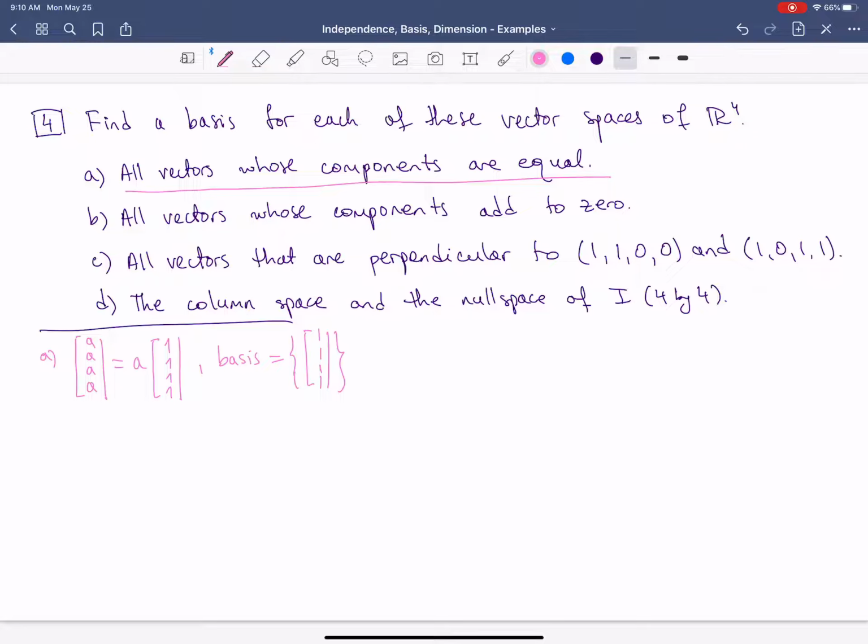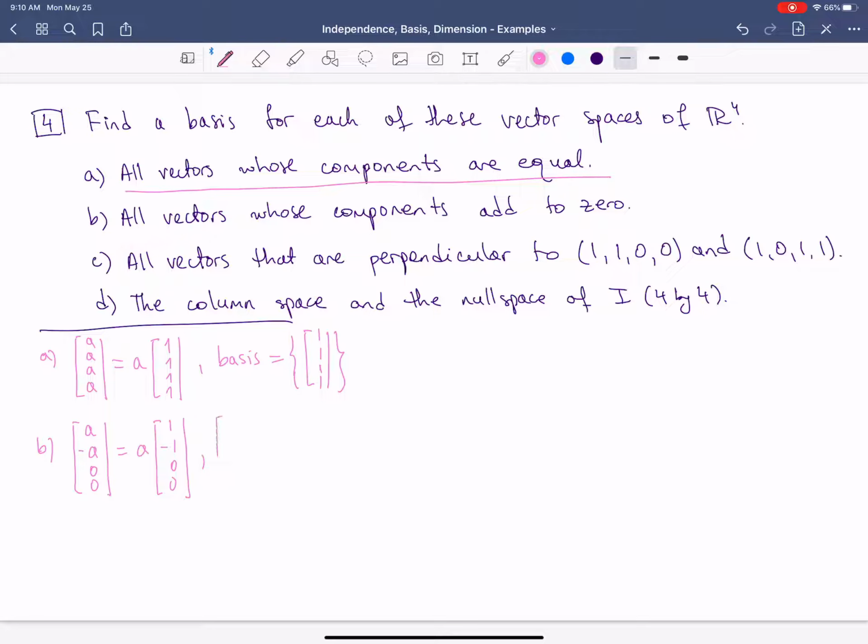Now, part B, it says all vectors have to have components that add to 0. So what are such vectors that I could have? Well, we saw examples of this in the first and second problem. I could have a, negative a, and then the other two could be zeros. This would do the trick. And this is now a times the vector 1, negative 1, 0, 0.